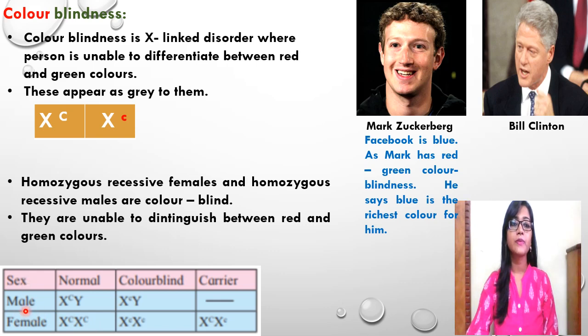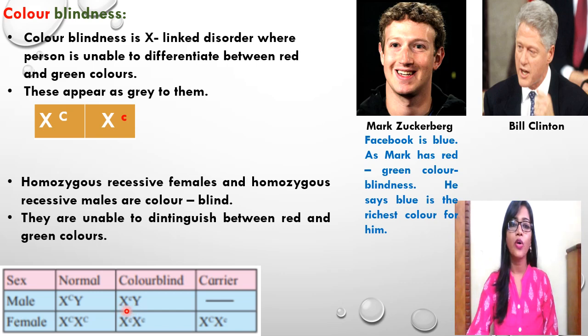See, the males are normal. These normal males carry X and Y. Now see, this X is with the capital C. So capital C is present on the X chromosome. The colorblind male carries XY.